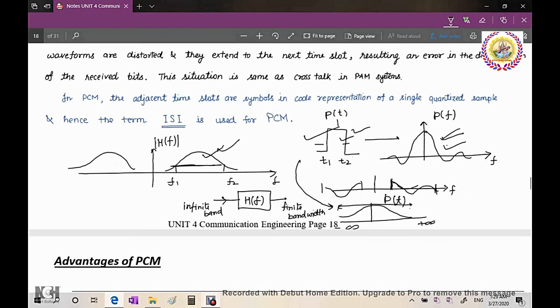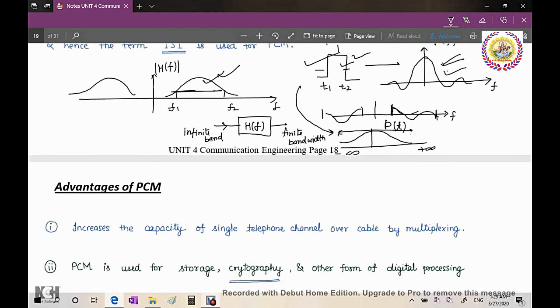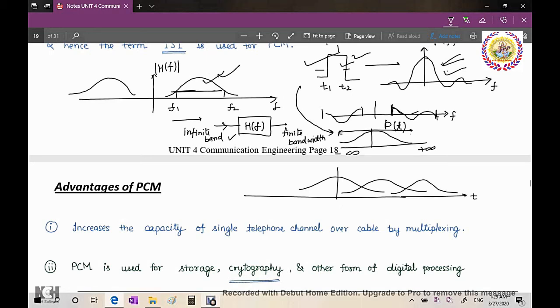Now continuously the pulses are incoming at the input of the channel. This is the first pulse, this is the second pulse, this is the third pulse, and in the time domain these pulses will become interleaved.